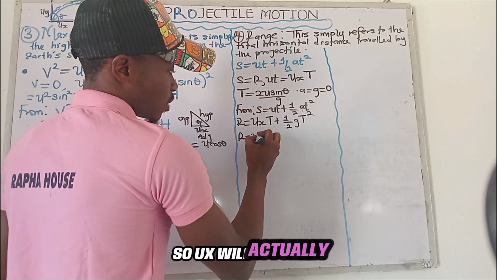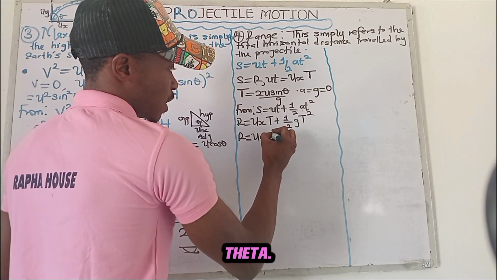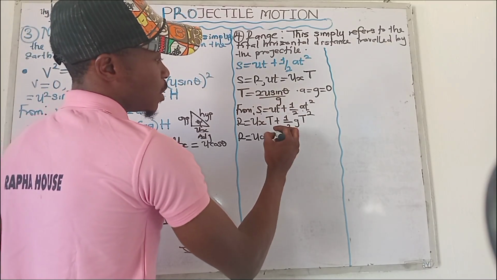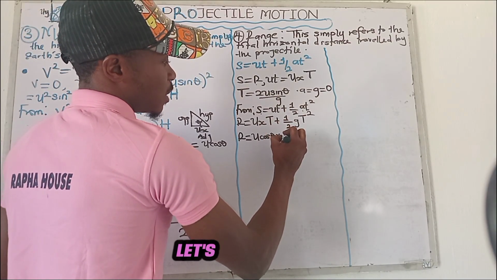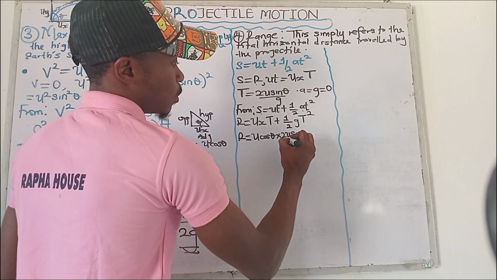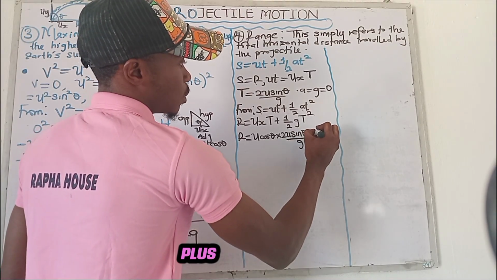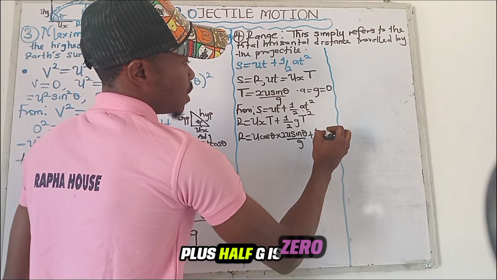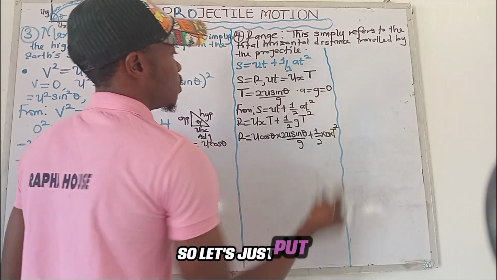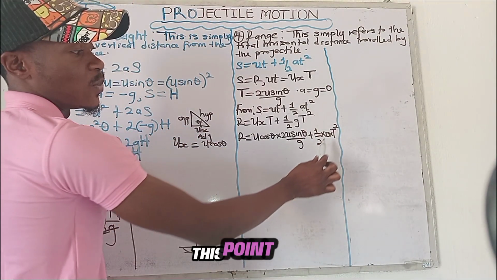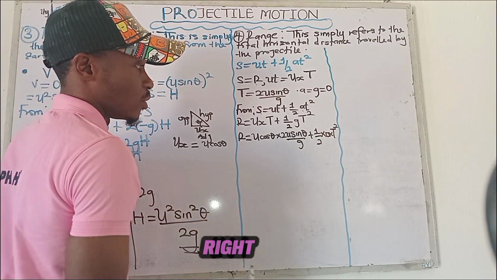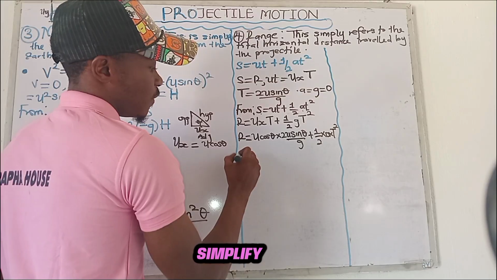So ux will actually be u cos theta, and our t, total time of flight, is 2u sine theta over g. So t is what? Let's say times 2u sine theta all over g plus half G is 0, right? Times 0 times t squared. And of course, at this point, you know that when 0 multiplies anything, it cancels everything out and it becomes 0, right? Very straightforward. Let's simplify this further.